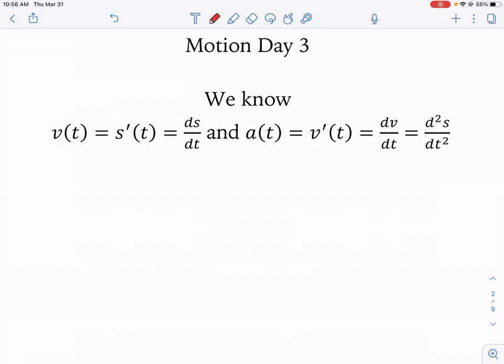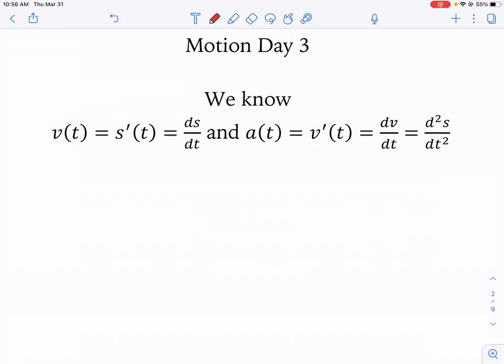Okay? All right, we know that velocity is the derivative of position. And we know that acceleration is the derivative of velocity, which is the second derivative of position, right? Like we've talked about this. What way do you think we're gonna go today?